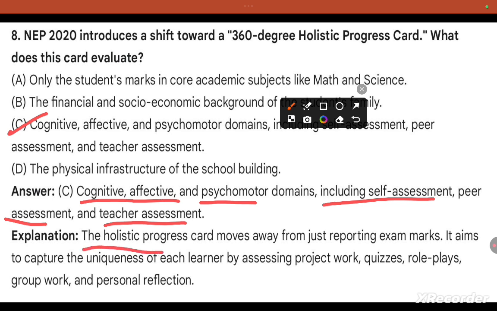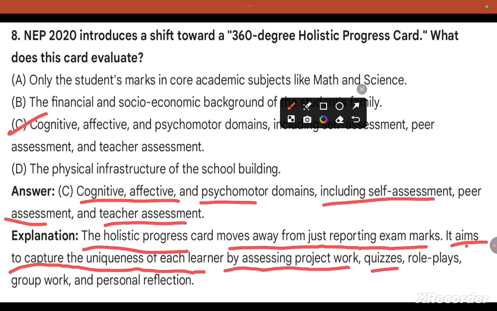The holistic progress card moves away from just reporting exam marks. It aims to capture the uniqueness of each learner by assessing project work, plays, role plays, group work, and personal reflection.